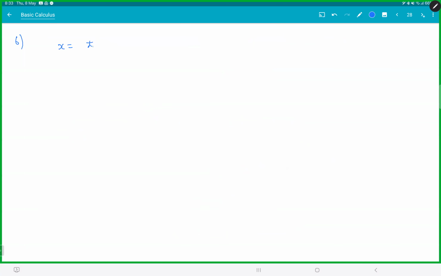So let's say x is equal to t cube by 3 minus 3t square by 2 plus 2t plus 1. Find v of t. What is the meaning of this? Velocity at time t. That is the meaning of v of t.